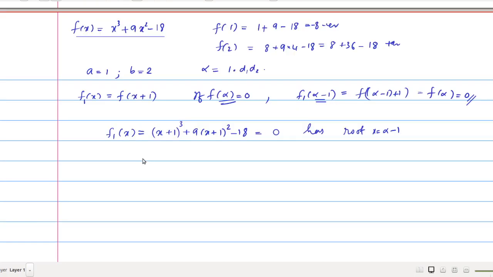When we simplify, we get x cube plus 12x square plus 21x minus 8 equal to 0. This is what we get on simplifying. This is our f1 of x. So this equation has a root alpha minus 1. Okay, so alpha minus 1 will be in which form? 0.d1 d2, that is enough. The root of this equation will be in this form.